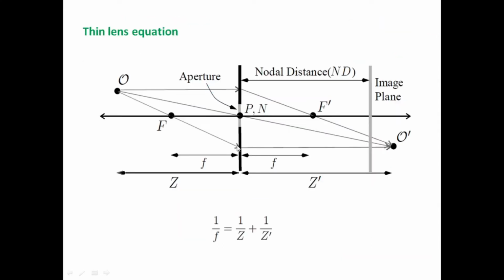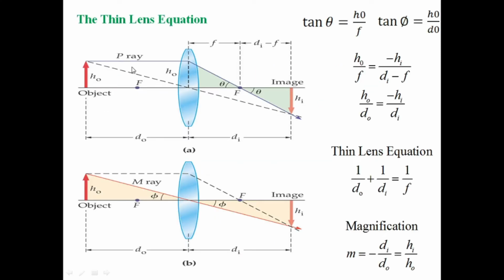First point. Also, I assume that the medium is the same on both sides of the lens, because if I take this as the lens of a camera, the medium present here as well as the medium present here is considered the same. So the same thing I am depicting here.